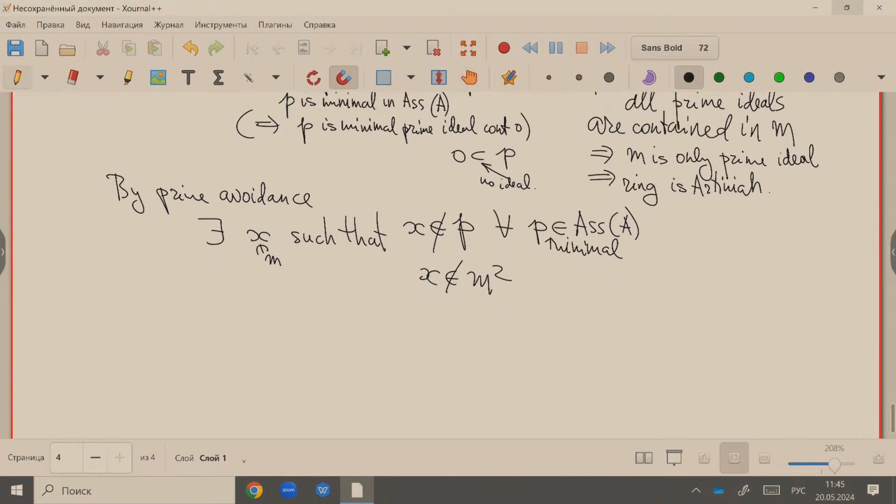So we can choose this special element, and notice that all zero divisors belong to these minimal prime ideals.